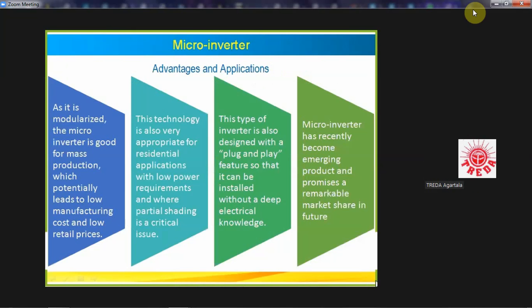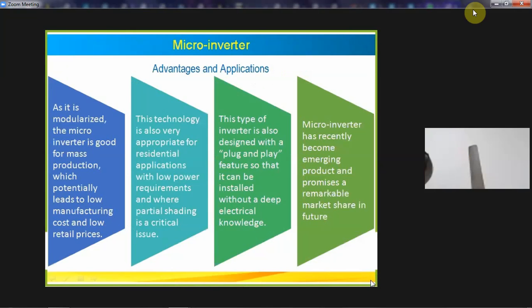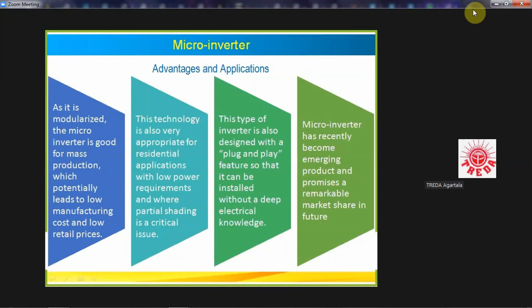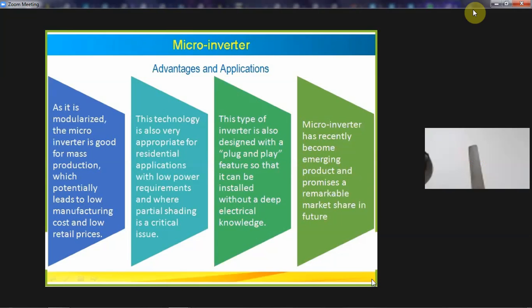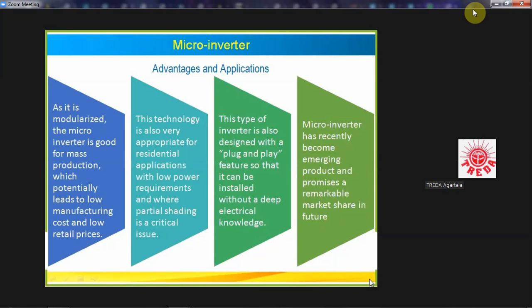And this is the micro inverter. You see, this is very small power conversion for small power. So these are the things with the micro inverter for residential application, low performance, and where partial shading is present.